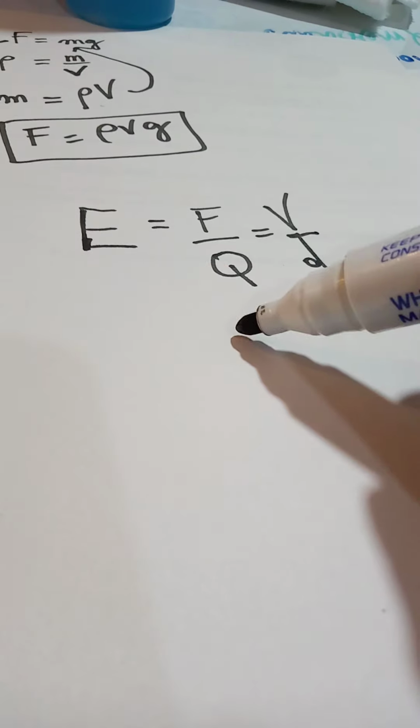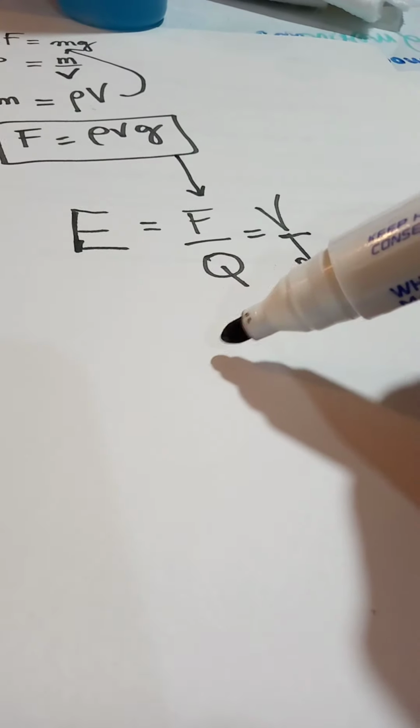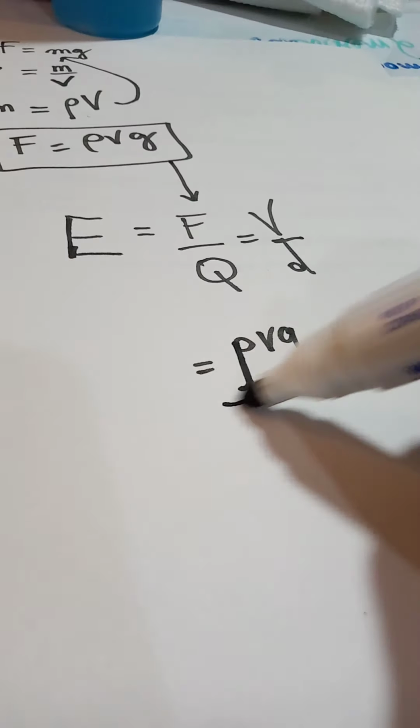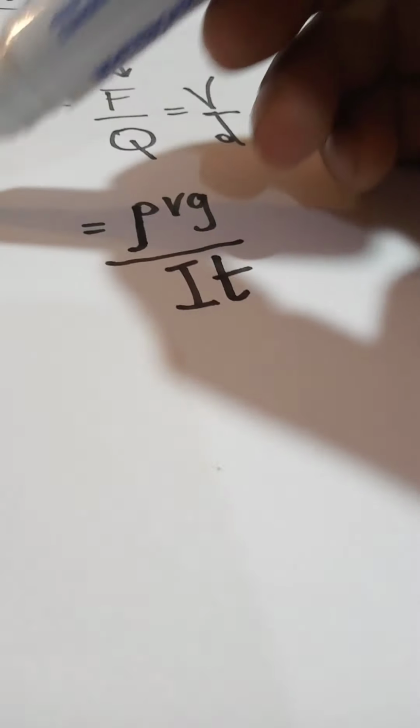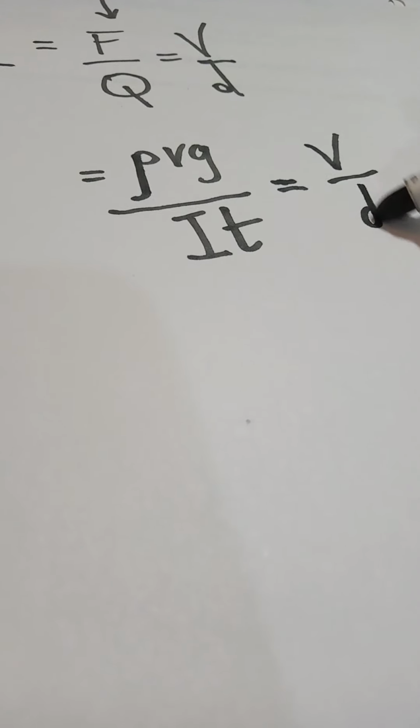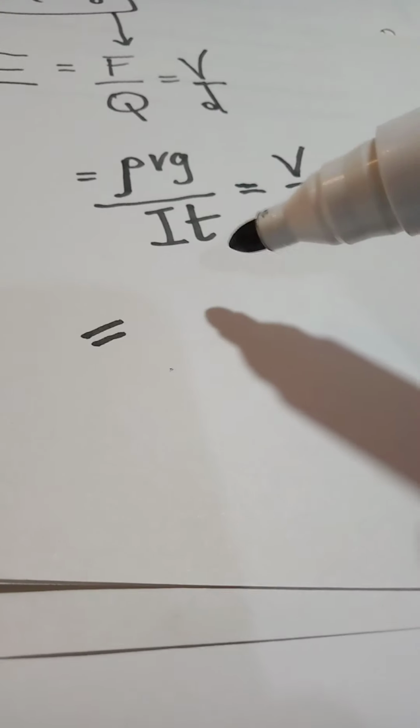Now, we know that Q is always equal to IT, or it could also be CV. But for simplicity purposes, we'll use I here, so that'll be V over D, right? And so we've done that.